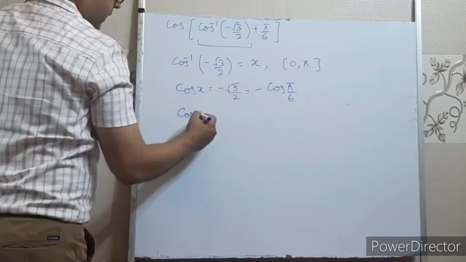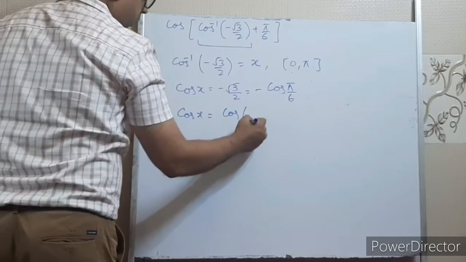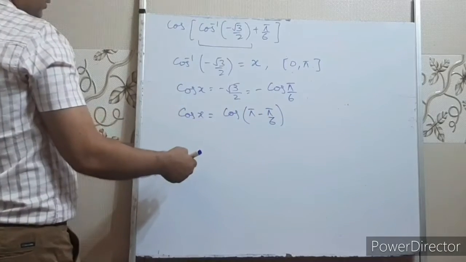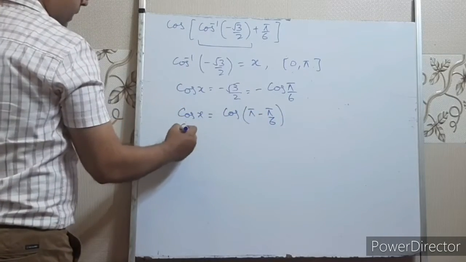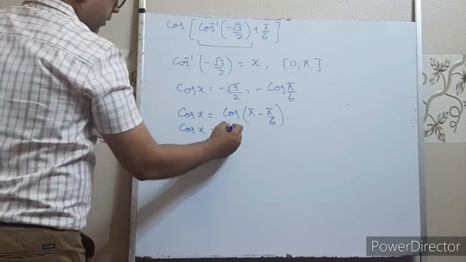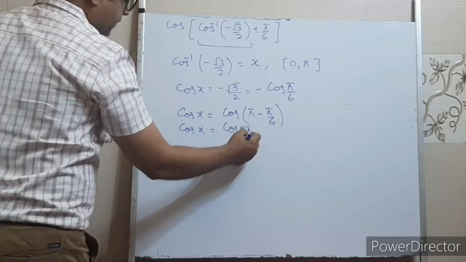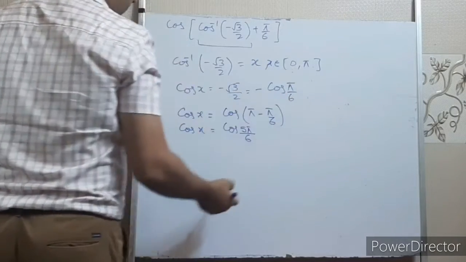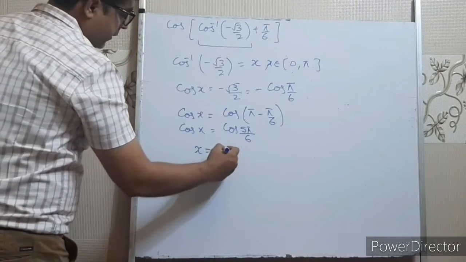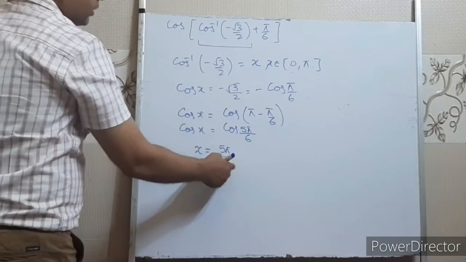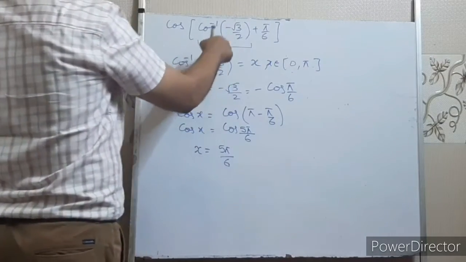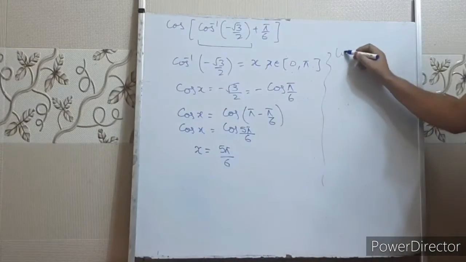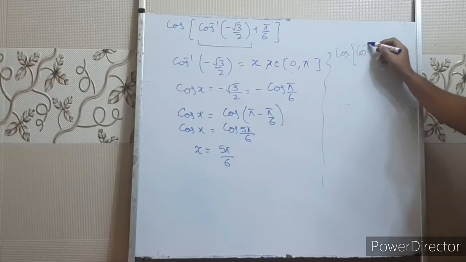Minus cos theta can be written as cos of pi minus pi by 6 because cos is negative in the second quadrant. So when you solve pi minus pi by 6, what will you get? Cos 5 pi by 6. And this value is lying in the interval 0 to pi. So the value of x is 5 pi by 6. When you substitute this value in place of cos inverse of minus root 3 by 2, what will you get? This was the sum.